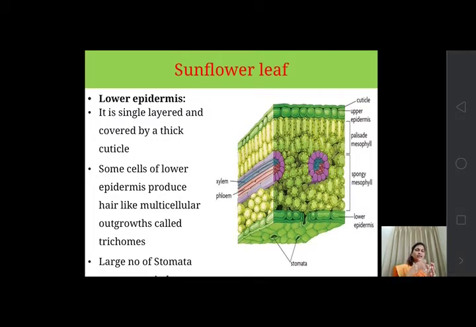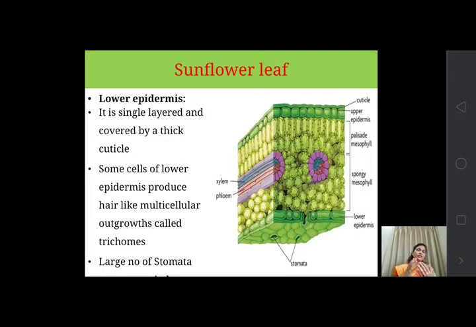In some cases they produce trichomes, or in some cases they do not produce any trichome. You can see here the stomatal region, the stomata present at the base of the lower epidermis. A large number of stomata are present on the surface of the lower epidermis. Stomata are meant for gaseous exchange, and also for the transpiration of water.